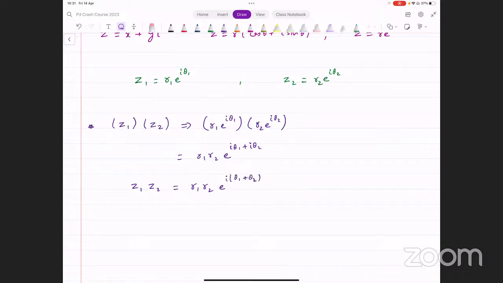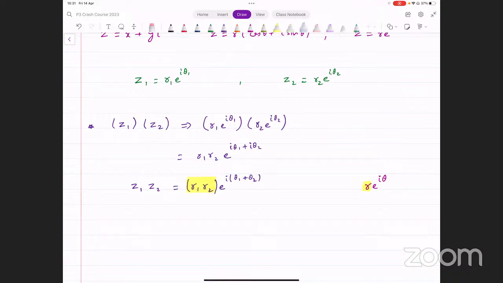Now, if I compare this with the standard form of complex numbers, this is another complex number. When we multiply two complex numbers, we get another complex number. Remember the standard form, r e raised to power iota theta. If you compare with that standard form, you see in place of r, we have r1 r2 here.